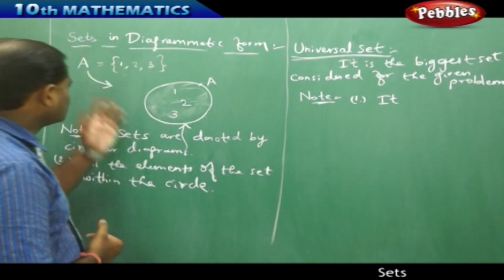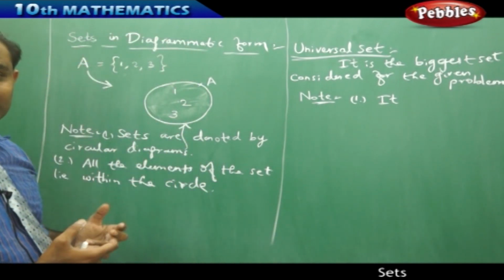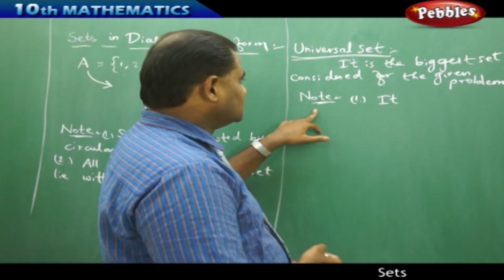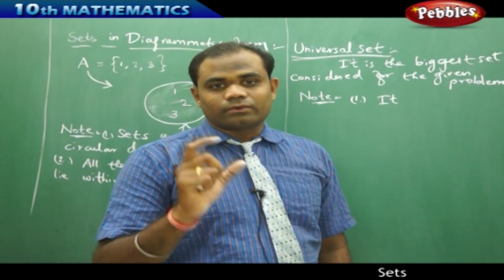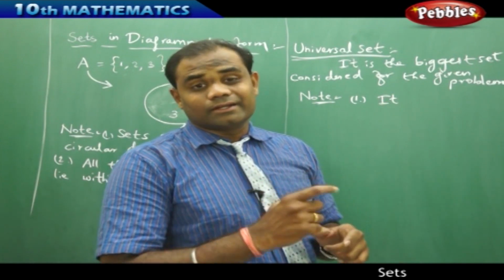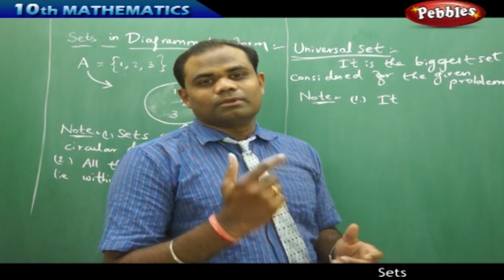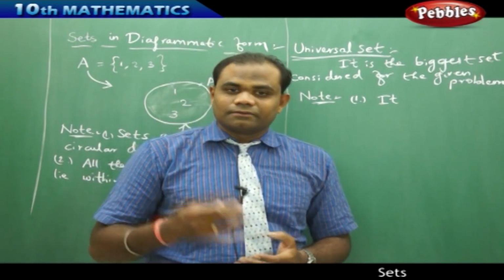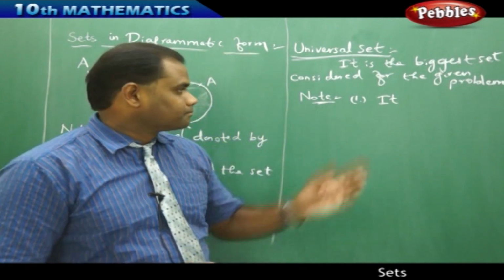Say for example, I represent the set with a capital letter A, B, C or X, Y, Z, etc. Similarly, a universal set is also represented with a fixed symbol, and that stands as the standard universal symbol for any problem considered. So seeing the symbol, we can easily identify that the given set is a universal set.